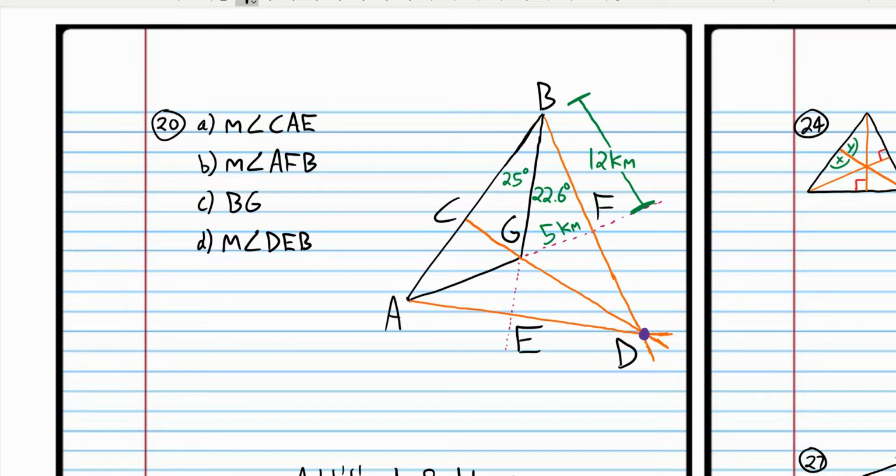All right, measure of angle CAE. That would be this angle here. Now we know that this is a 90-degree angle, because if this is the base, then this must be the top vertex.